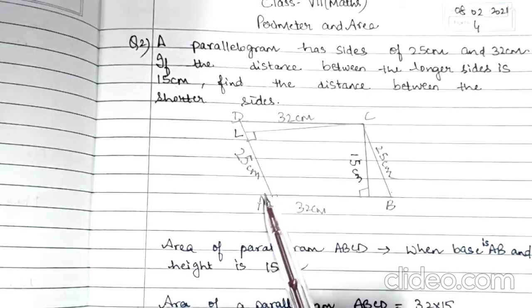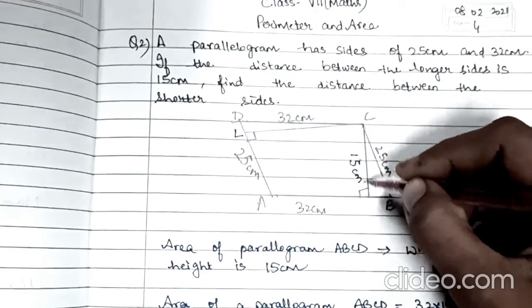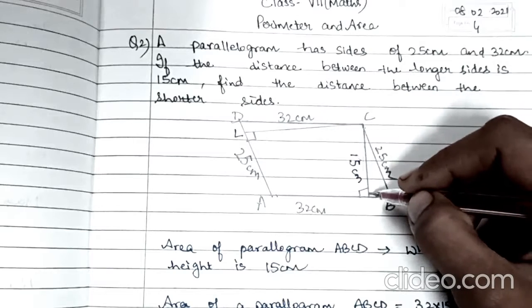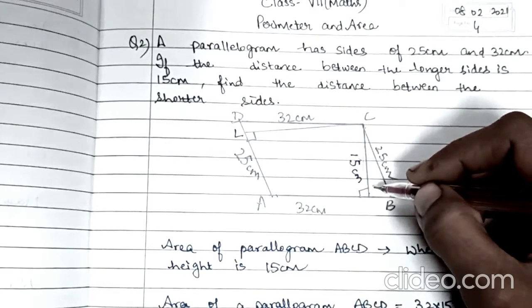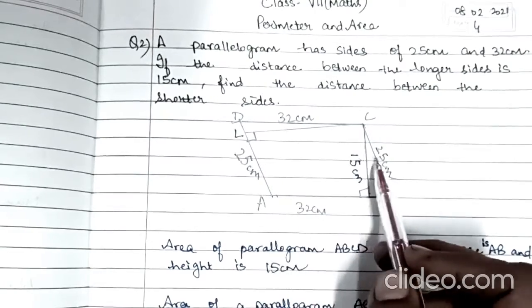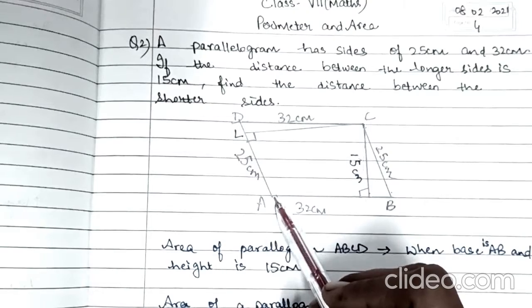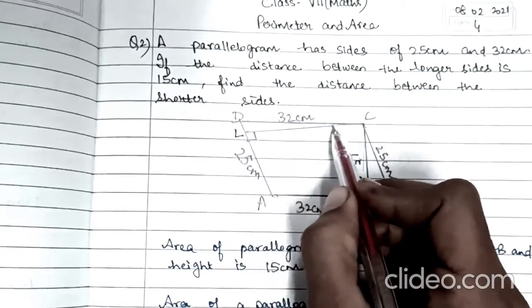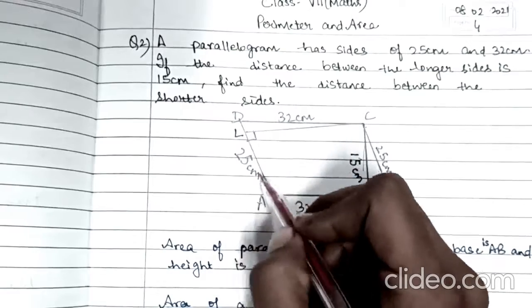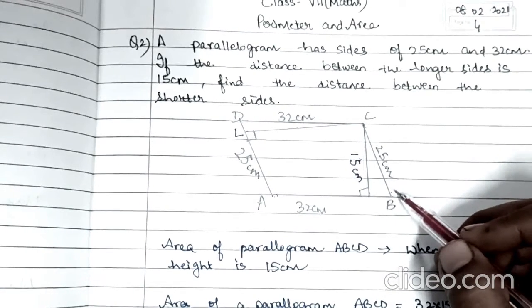Now these are longer sides and the distance between them is 15 centimeter. We have to find the distance between the shorter sides, that is 25 centimeter. So let us draw a height between these two parallel sides having shorter length.